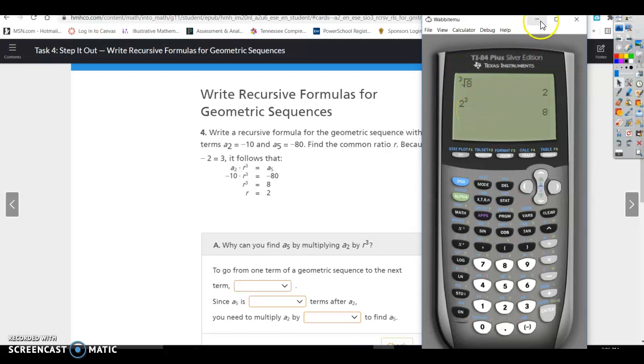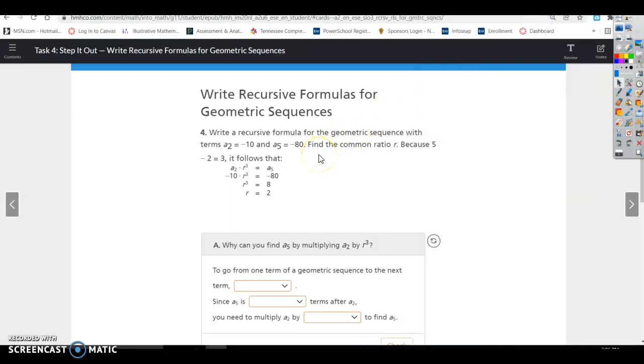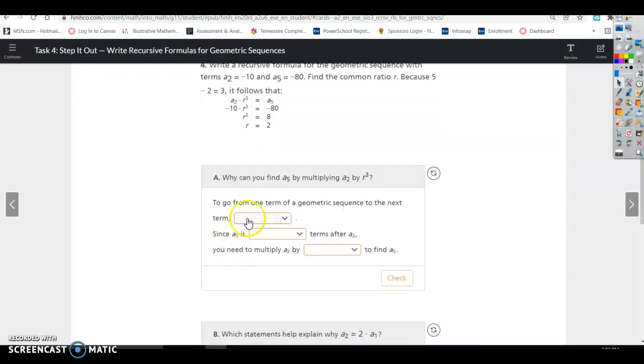Okay, it says find the common ratio, r, and that's what we did. When you solved for r, you found the common ratio. And it says because 5 minus 2 is 3, and the reason they did that is just looking at the difference in terms. There's a difference of 3 there, and that's why you started with r cubed. It says, why can you find a sub 5 by multiplying a sub 2 by r cubed?